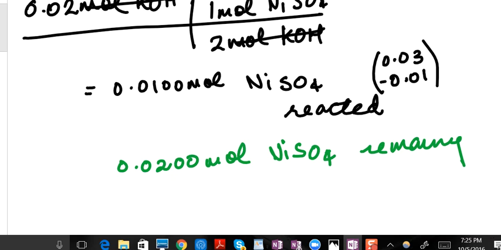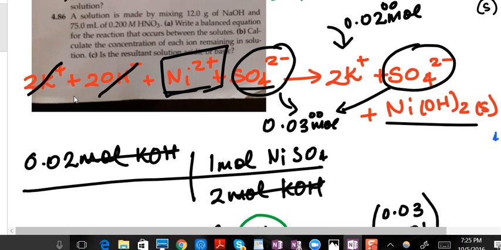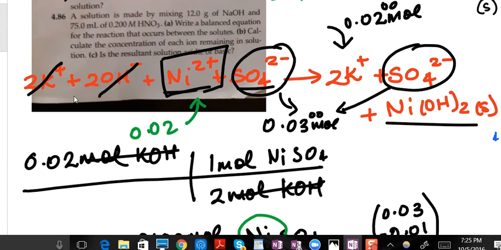Okay, this is only important because the nickel that reacted became nickel hydroxide, so it's gone. The nickel that didn't react remained as nickel 2 plus. So if you scroll back up to right here, this guy is going to be 0.0200 moles.